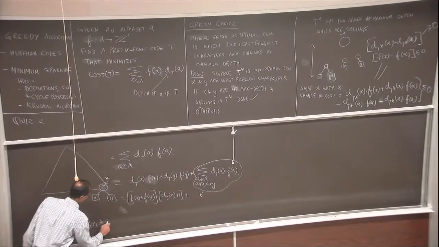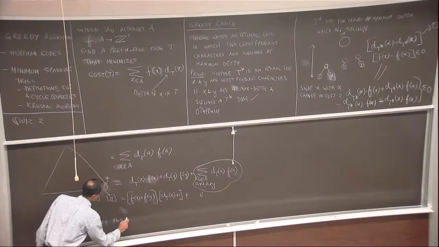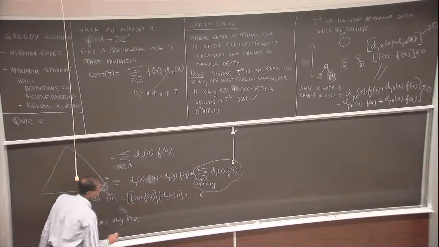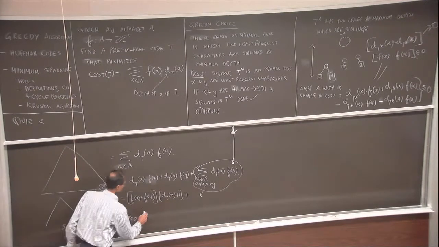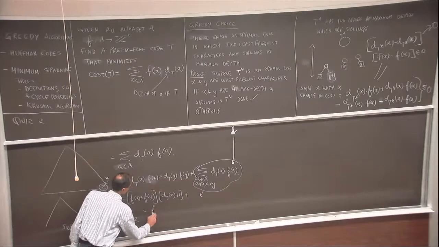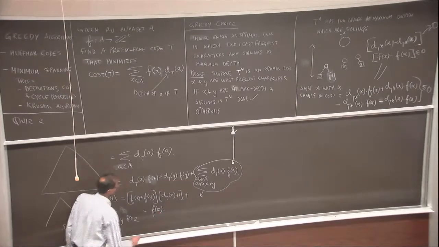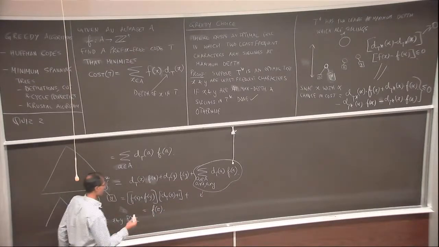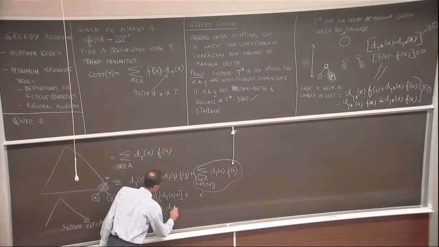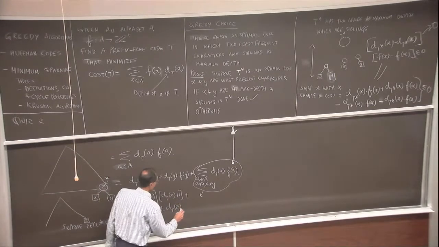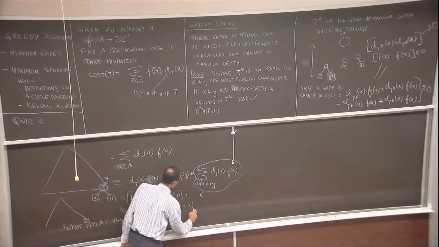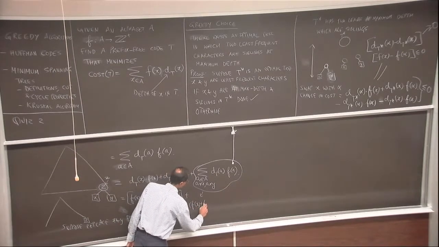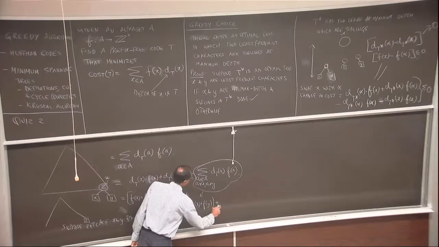Suppose you replace x and y by z, then f of x plus f of y is f of z, times the depth of z, plus f of x plus f of y, plus this whole quantity.